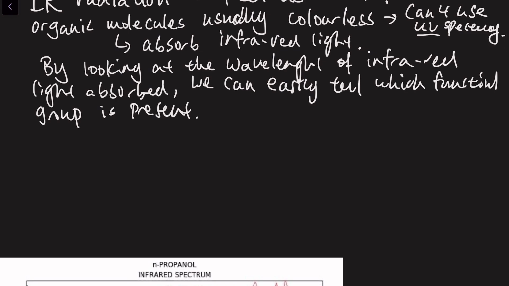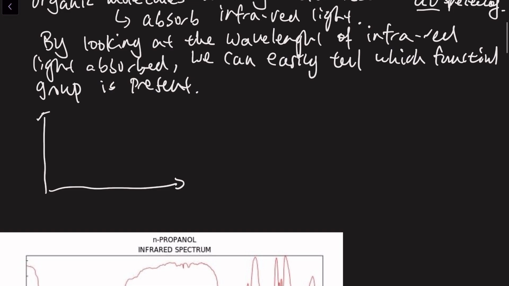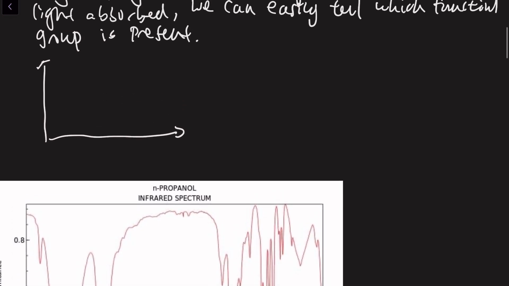The way that we look at which wavelengths of light get absorbed is by looking at this infrared spectrum.